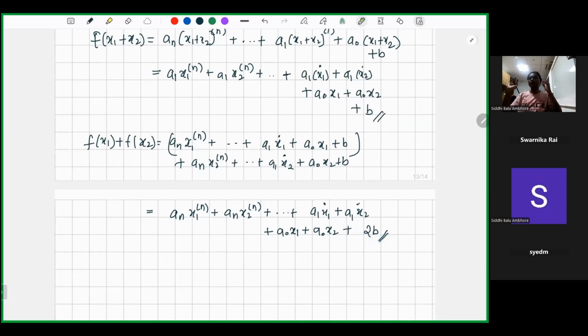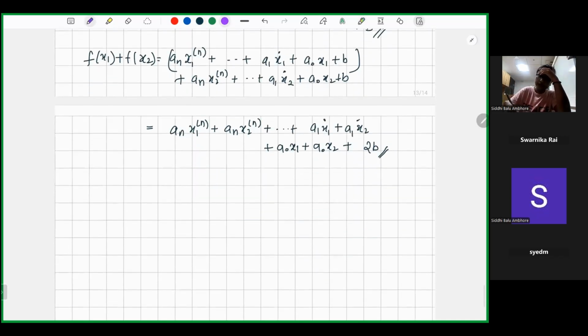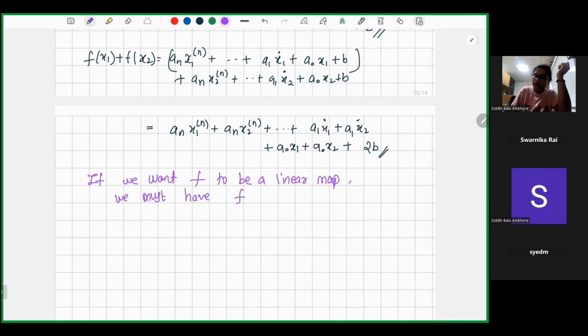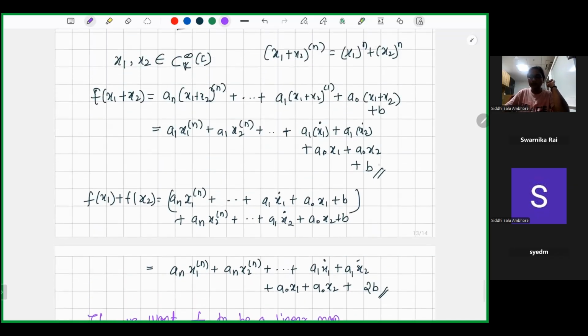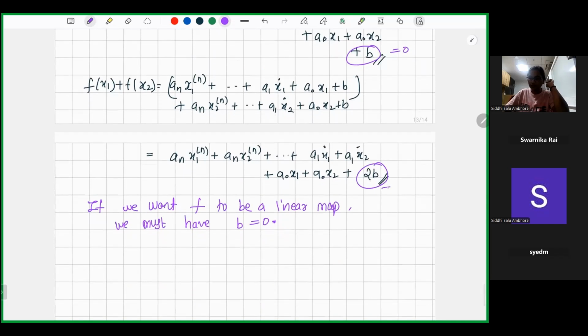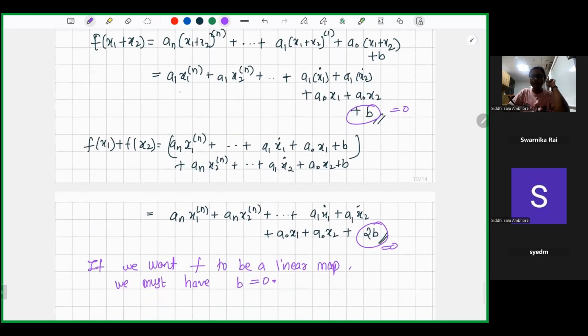If at all we want f to be a linear map, we must have b to be 0, meaning the 0 function in C infinity I. In that case, this becomes 0, and then these two coincide.